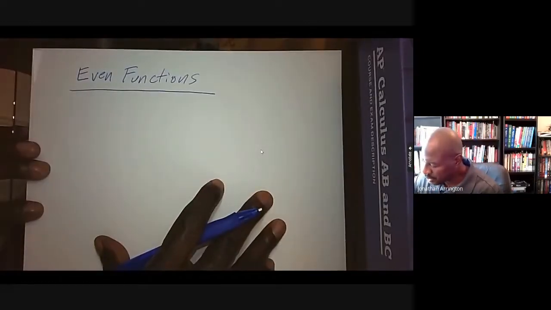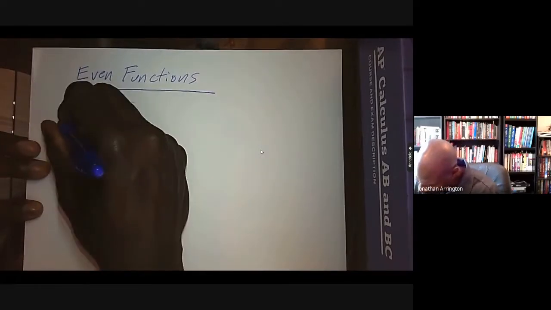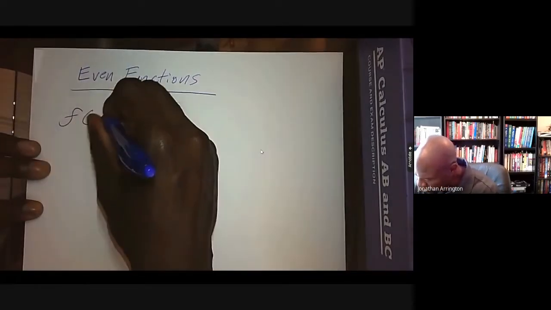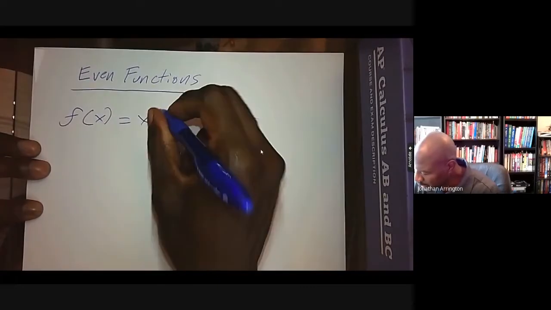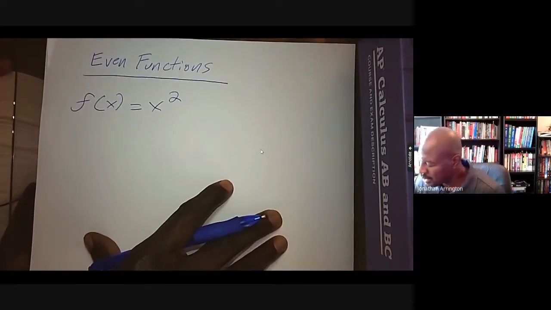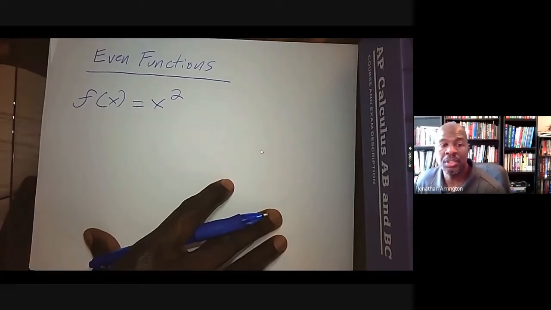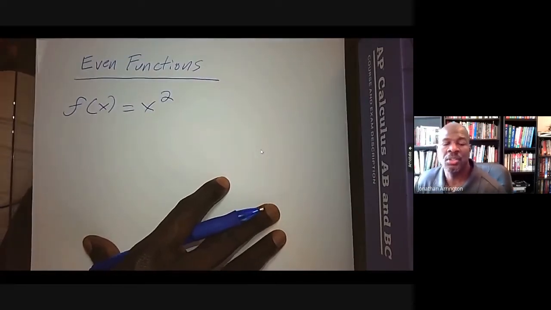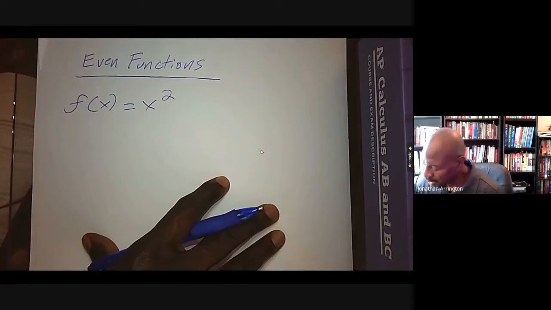Okay, even functions. So here's an even function, one of the simplest, most elementary even functions there are: f of x equals x squared. That is an even function, and I can show it using the algebraic definition and also the graphical representation.